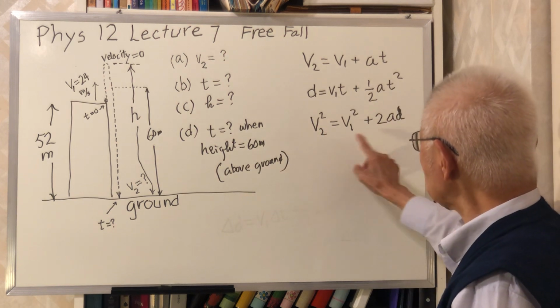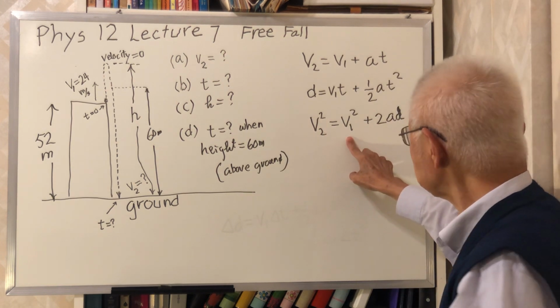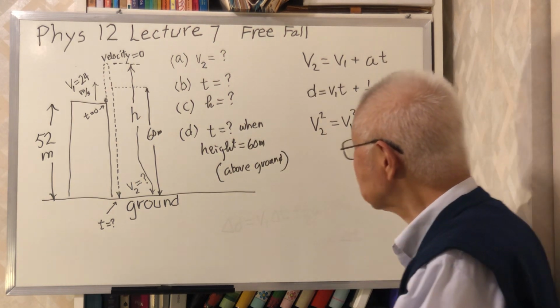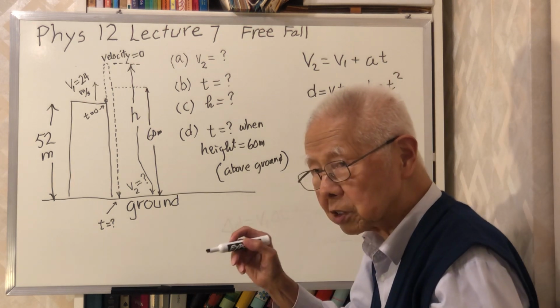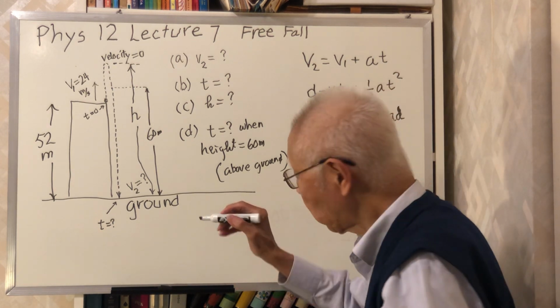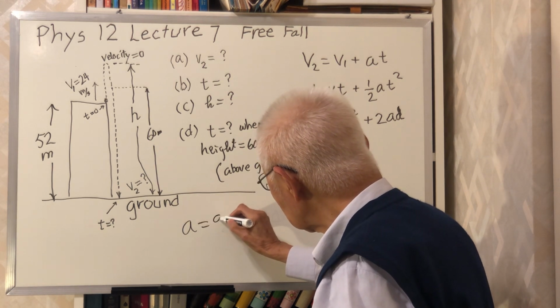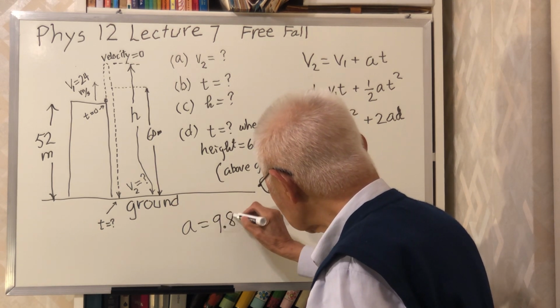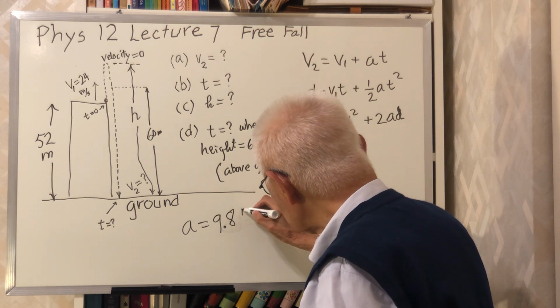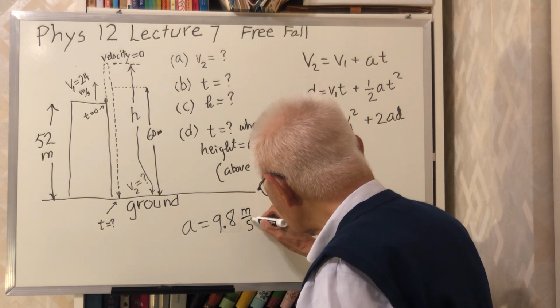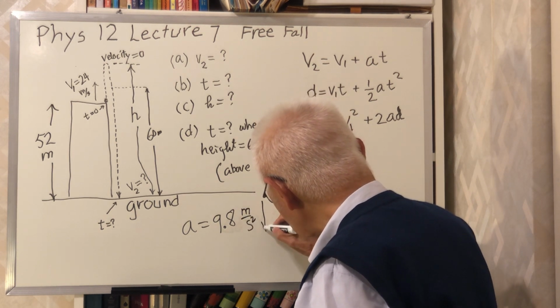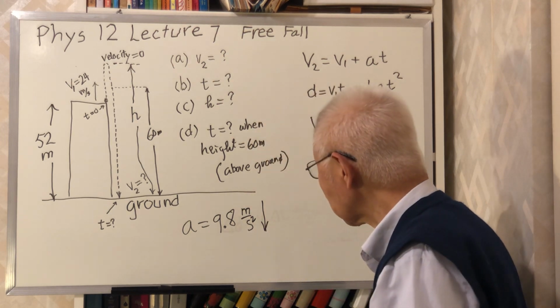What is A? We mentioned the acceleration is 9.8, and the acceleration is downward.